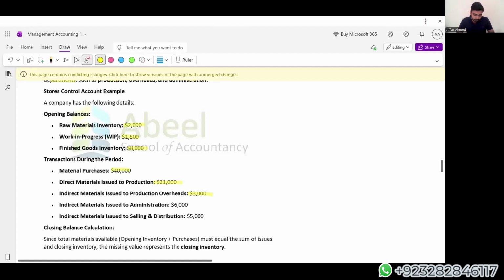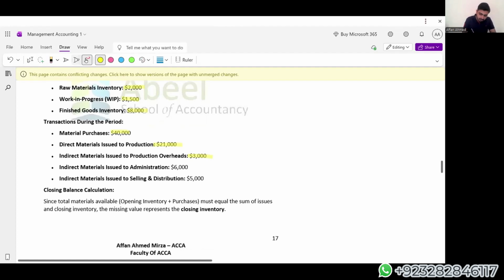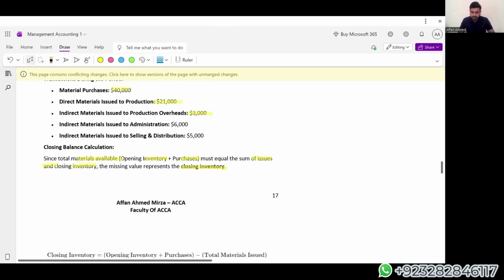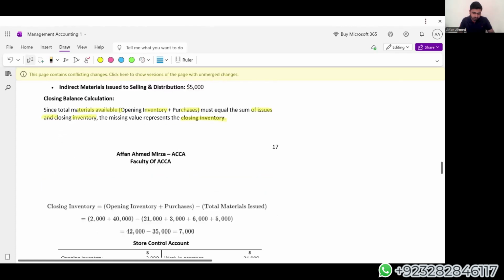Okay, so the closing balance calculation will be done as follows. Since total materials are available, opening inventory plus purchases must equal the sum of issues and closing inventory. The missing value is the closing inventory here. So the opening plus the purchases minus the opposite side is going to give you the closing inventory. I have made the table here as well for you, but let's just do the calculations as follows.